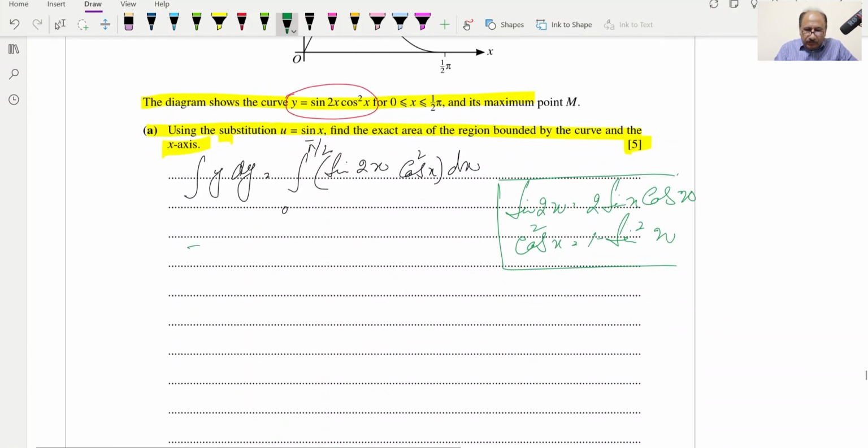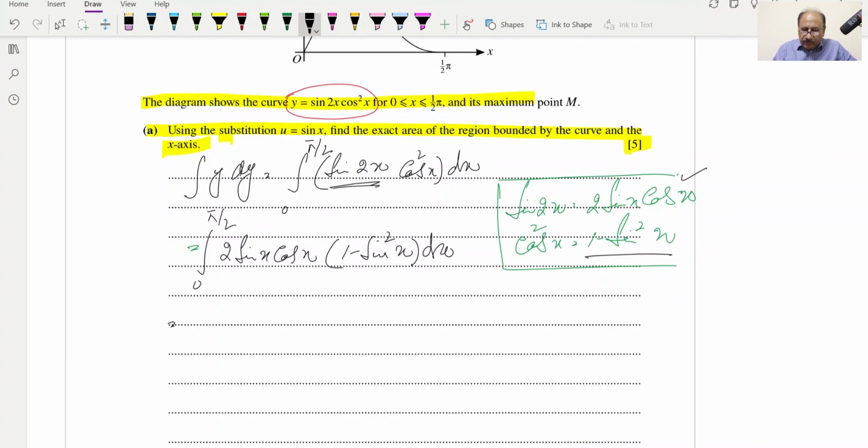So now we can write this as the integral from 0 to pi by 2. Sine 2x we can write as 2 sine x cos x, and in brackets this cos square x we can write as 1 minus sine square x, dx.